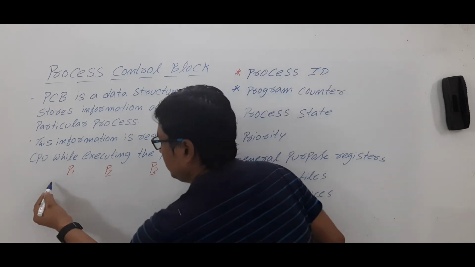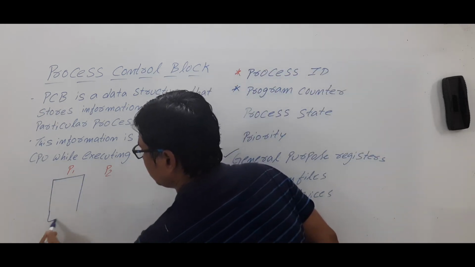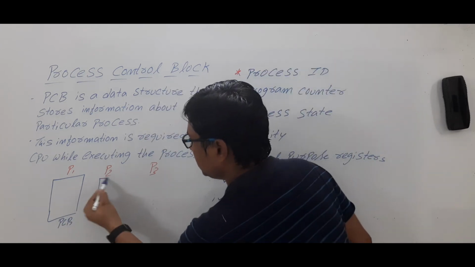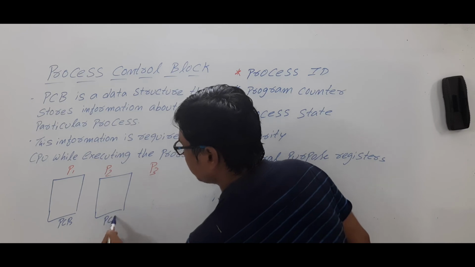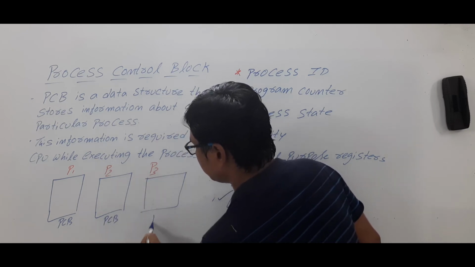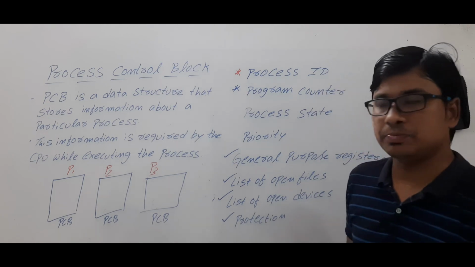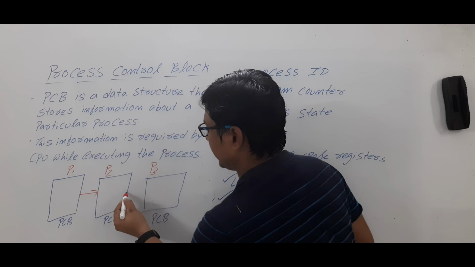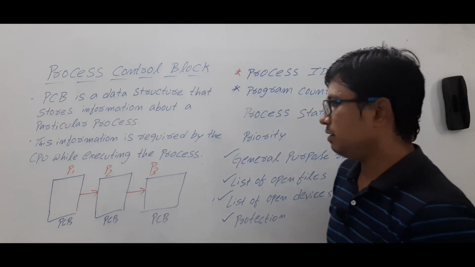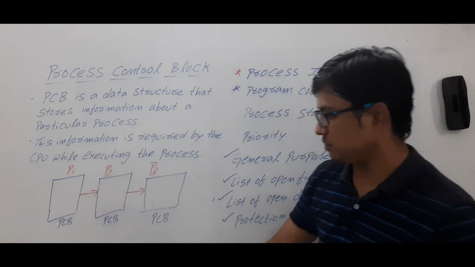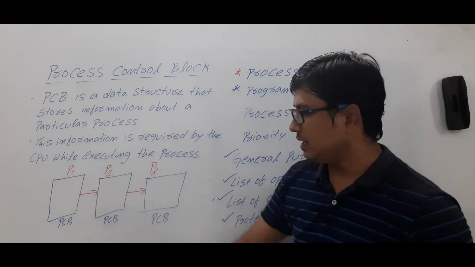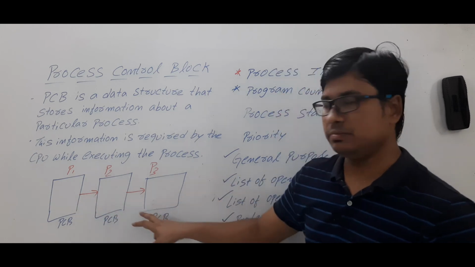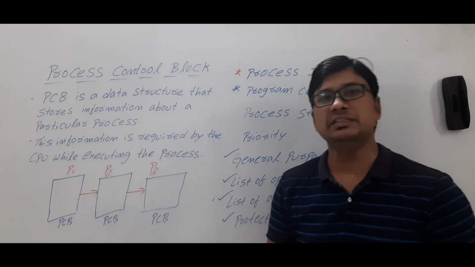The P1 process PCB will be available in the main memory, and the process P2 PCB will be available, and the process P3 PCB also will be available, and all these PCBs will be linked using the linked list data structure. Are you able to understand it or not? So each process has its own PCB, and for whatever processes are currently available in the main memory, all these PCBs will be connected using the linked list data structure.